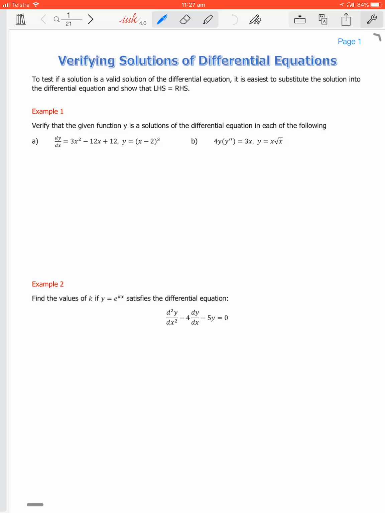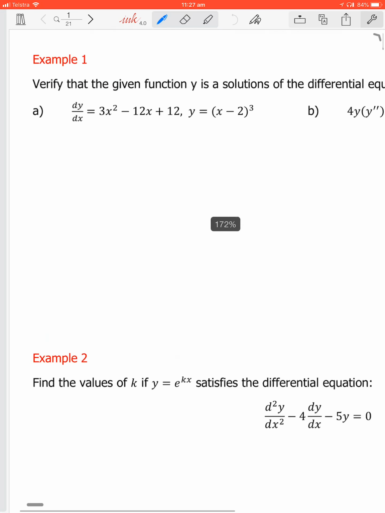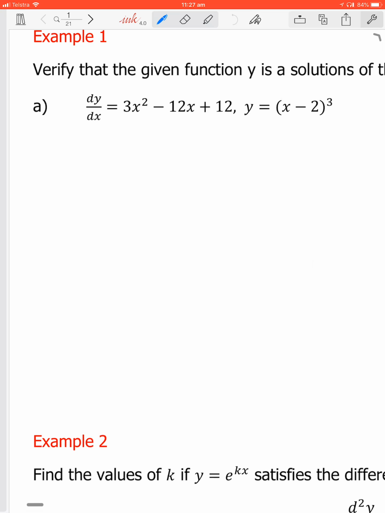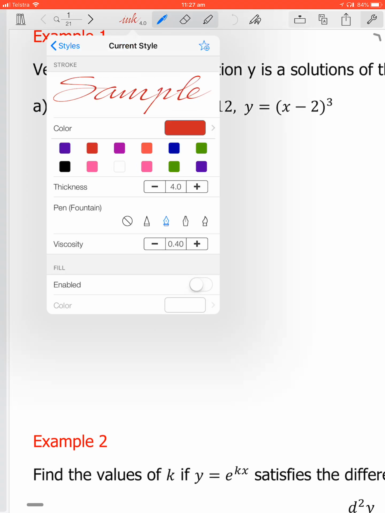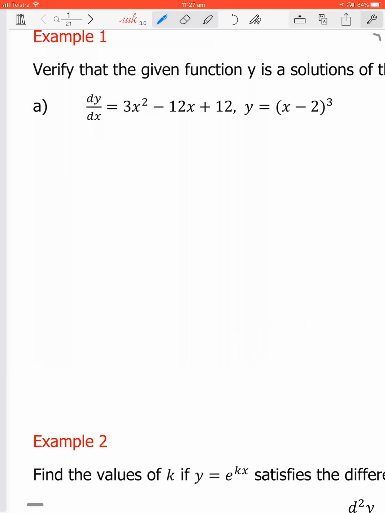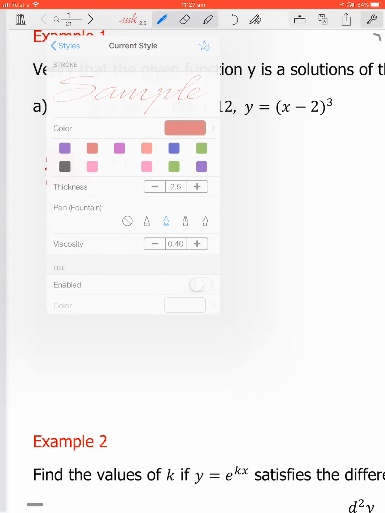So here I have the first one: dy/dx equals 3x squared minus 12x plus 12, and y equals (x minus 2) cubed. So we just want to find dy/dx.